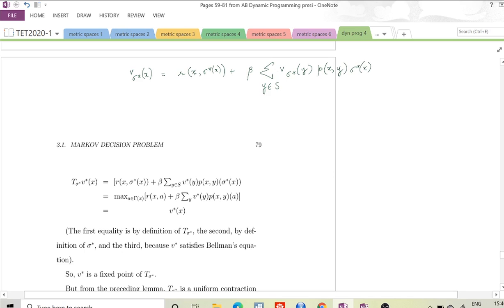So we've shown that this is true for any stationary policy sigma.